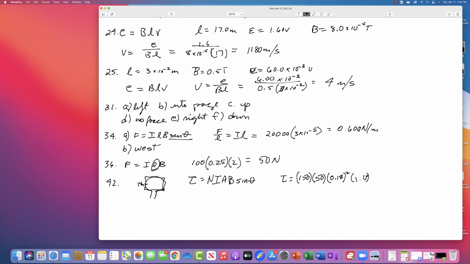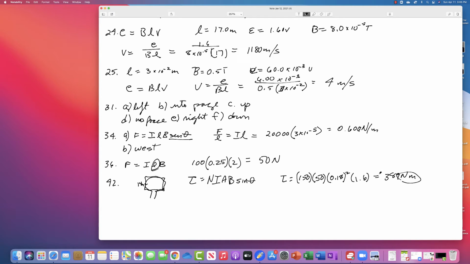If you do the calculation, you get 389 Newton meters of torque. The label for torque is Newton meters.